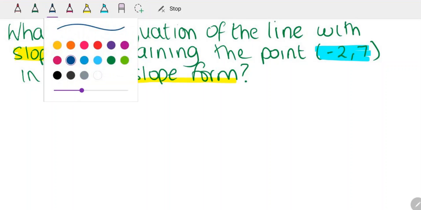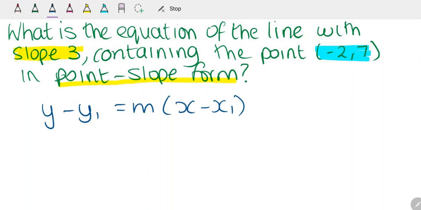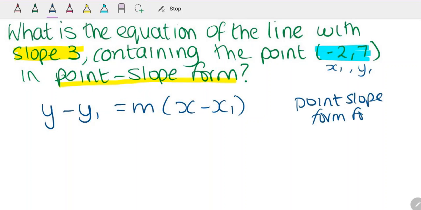So let's use the point slope form formula. So y minus y1 is m x minus x1. And our values here, we have x1 and y1. So this is our formula. So point slope formula.